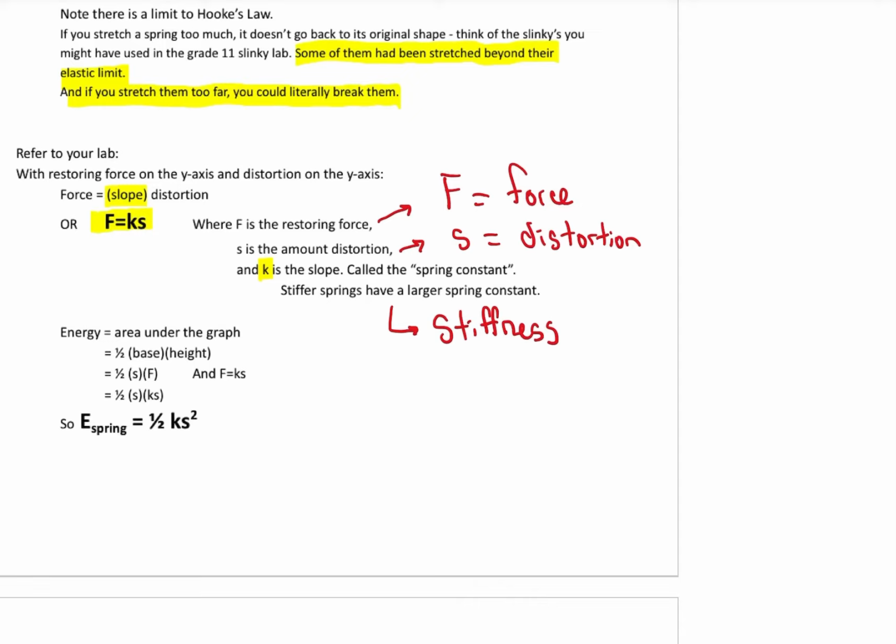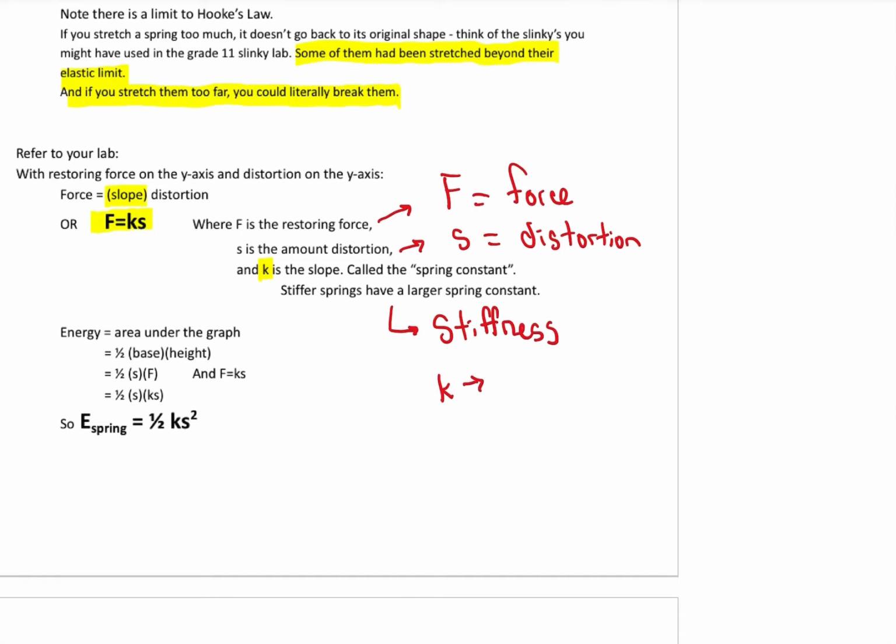There's other stuff in there as well, but if we just focused on the springs in the shocks of your car, that would have a huge k value because it takes a lot of force, basically the weight of the car and then some, to start distorting those springs. So k we're going to call the spring constant, and it's just a number that tells you how stiff the spring is.